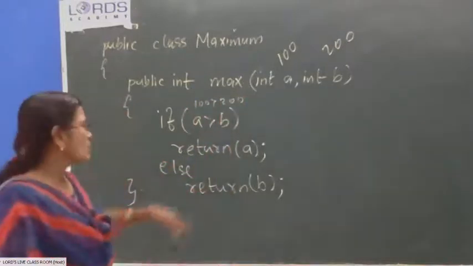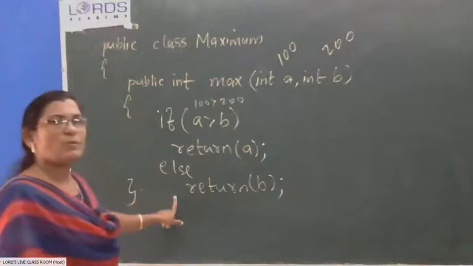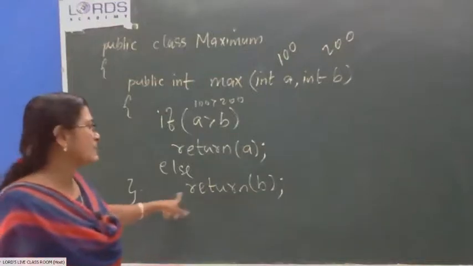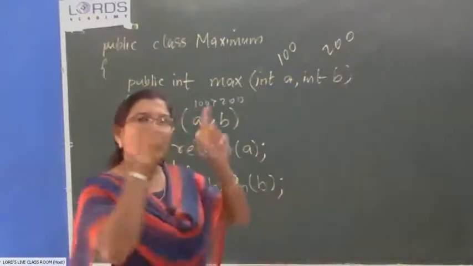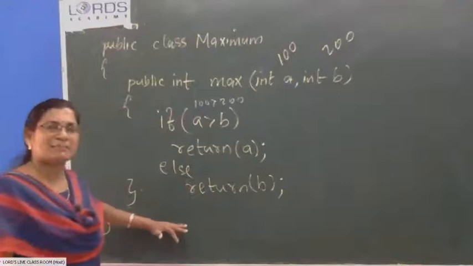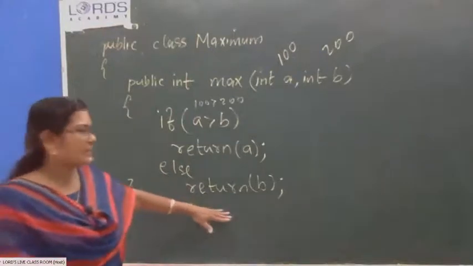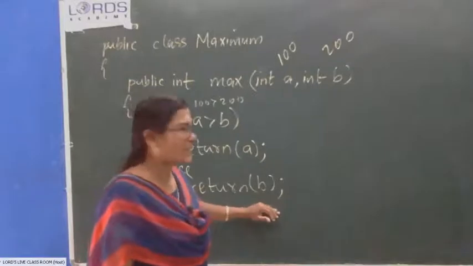No. So the if clause will not be executed, the else part will be executed. So what will be returned? You will get the result as 200. 200 will be displayed in the method call window itself. We did not use a System.out.println statement. In the method call window itself, you will get 200 displayed as the maximum value.